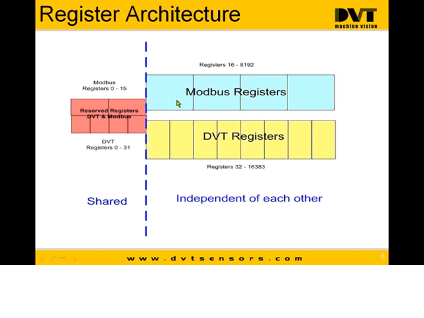2 registers are the same thing, and make up one Modbus register. However, it's different in this case, and different from Framework, where the DVT register space and the Modbus register space was the same as it is here, and you would access register 31, say, in Modbus with register 15.